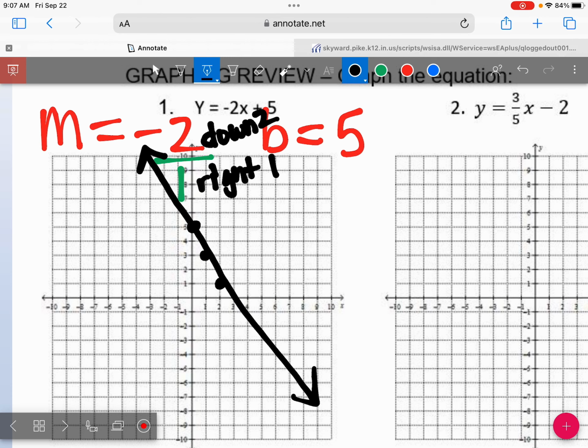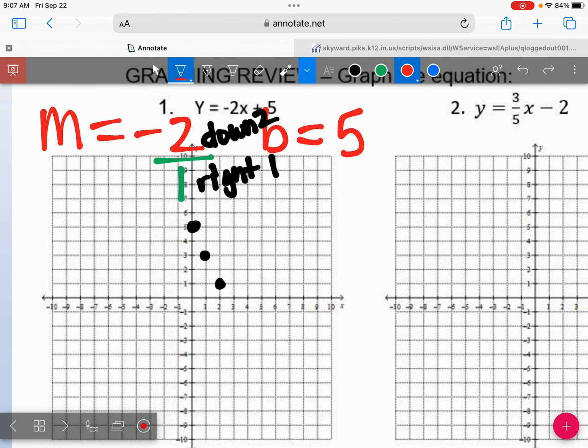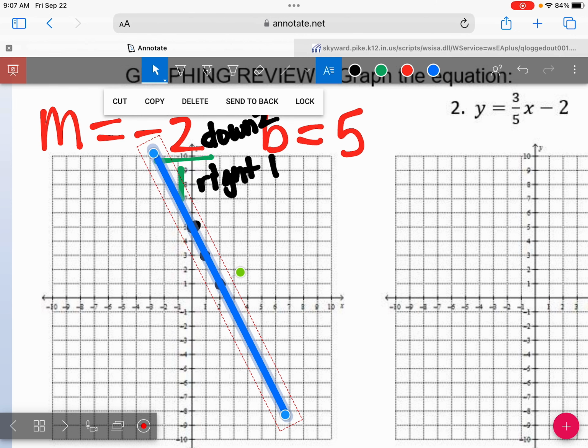And that's your graph. That's it. There is an option to make a line, but that option is kind of difficult. I don't like to use it.